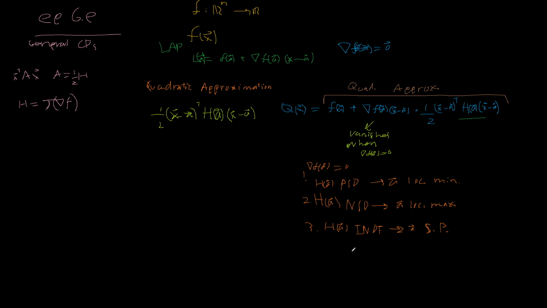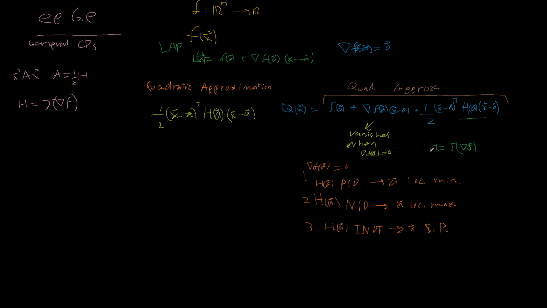How we can use this to solve optimization problems is, first we find the extrema, all the a such that the gradient is equal to 0. Then all we have to do is get the Hessian. Remember, the Hessian H is just the Jacobian of the gradient of f. So we take the gradient, get its Jacobian, and apply that at a.